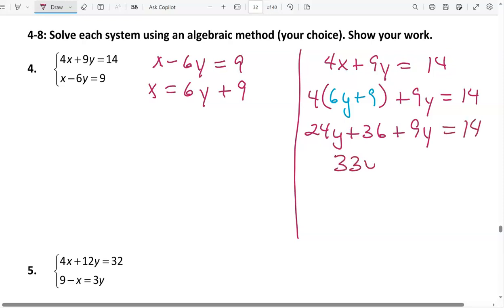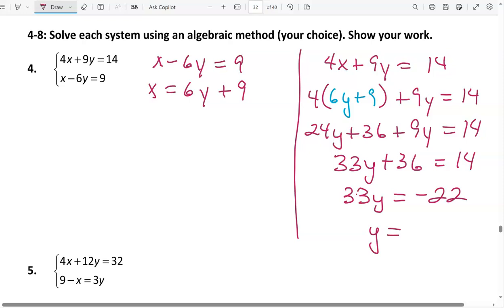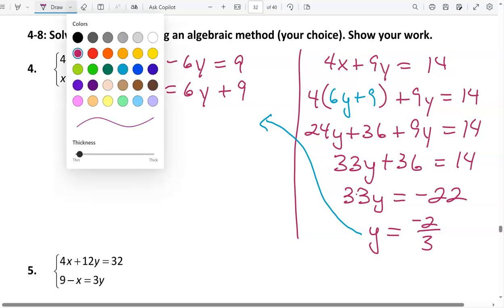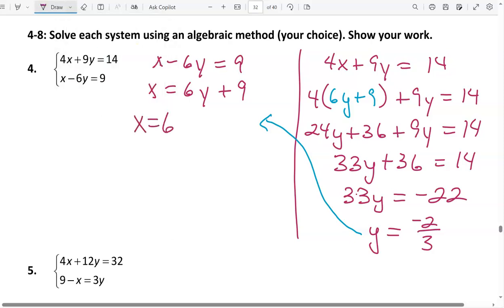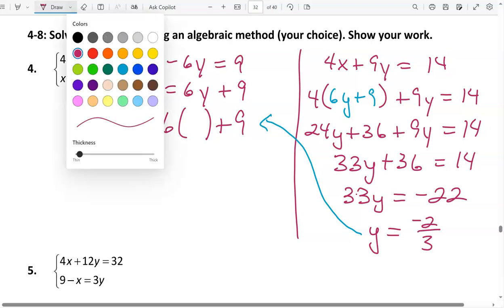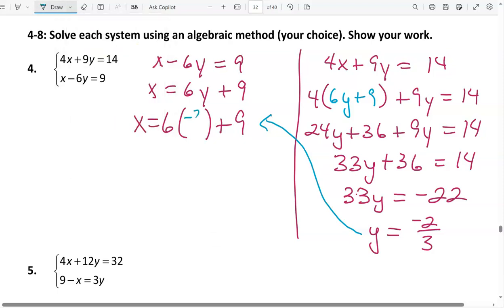Now we have 33 times y plus 36 is equal to 14, and subtracting 36, that would give us negative 22, and dividing by 33, that's negative 22 33rds, which is negative 2/3. Let's take that information and go back to our first equation. So the first equation, x is equal to 6 times the y value plus 9, where the y value is negative 2/3.